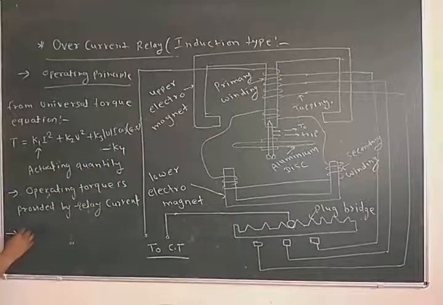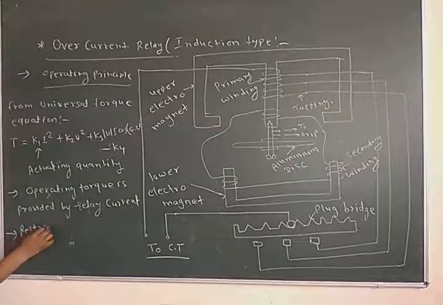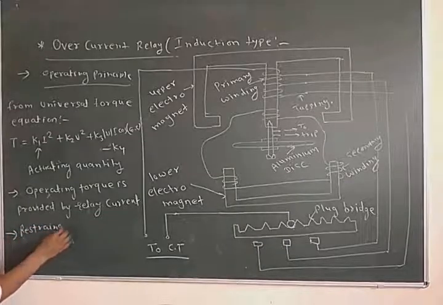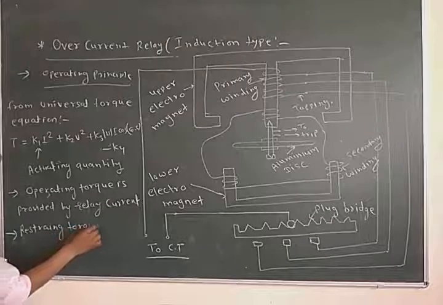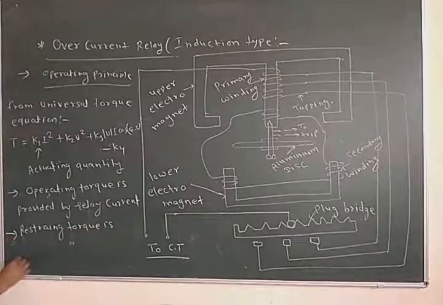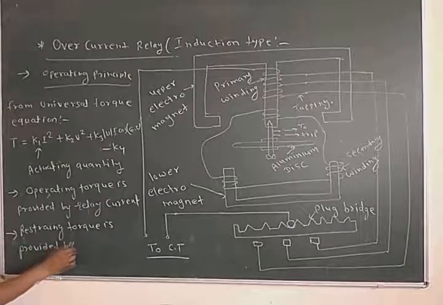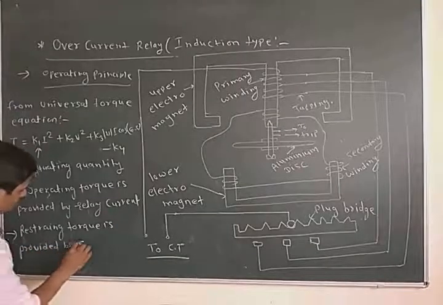So we can write, operating torque is provided by relay current, and restraining torque is provided by spring.